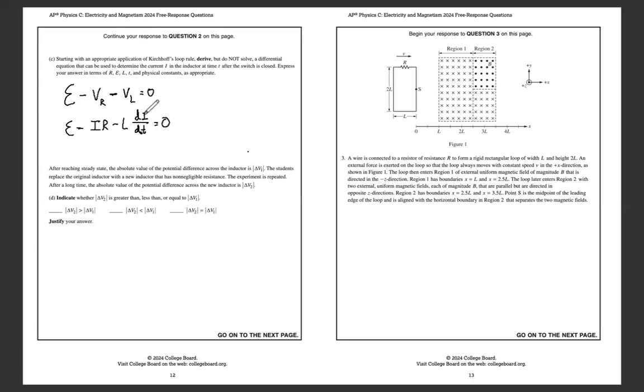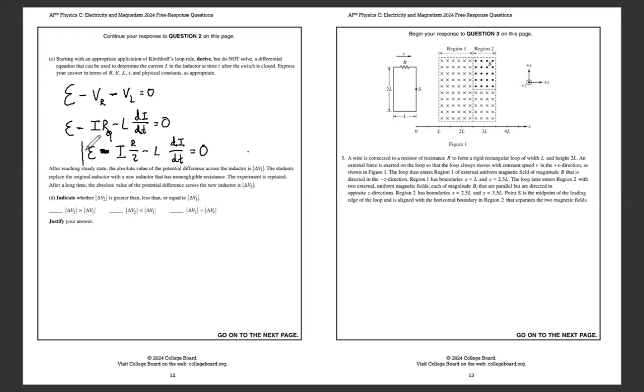However, what I actually want to do is create one with equivalent resistance here. I want to merge those two resistors into one. The equivalent resistance is just going to be R over 2 in this case because they're both in parallel. So you get E minus I R over 2 minus L di dt should equal 0.